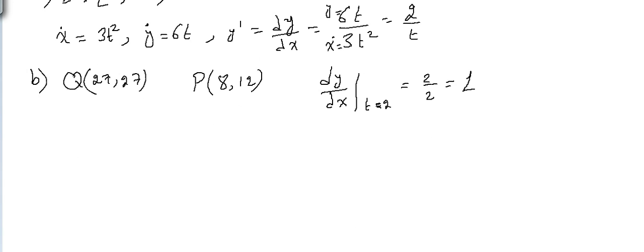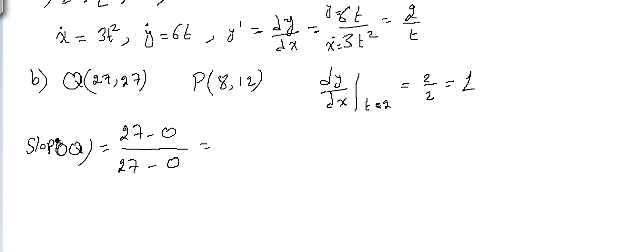And what is the slope of the line OQ? The slope of the line OQ is y of Q minus y of the origin over x of Q minus x of the origin. So it's 27 divided by 27. Also, it has 1 as slope. And we all know what we will have if we have equal slopes.